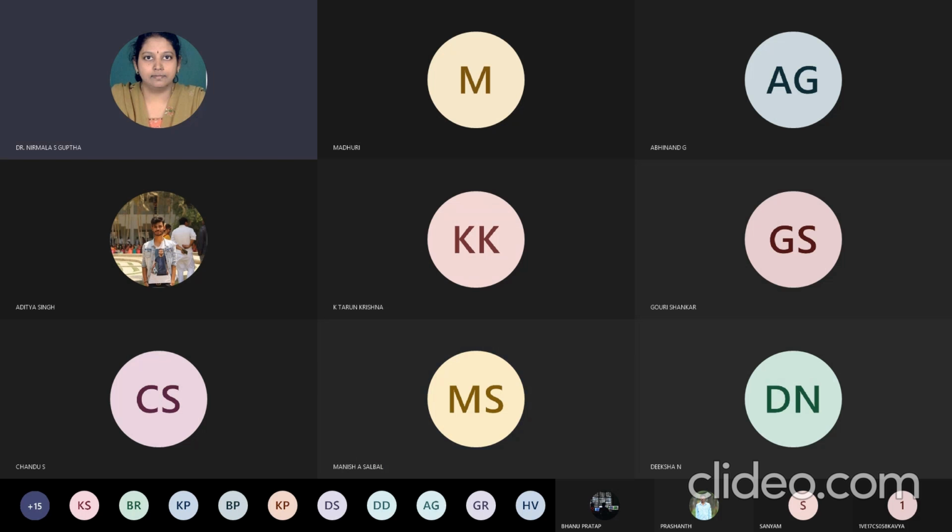Approximately where can we find the center? 5 to 6, 6 to 7, 7 to 8. Correct? 3 units. And in that, my center will come approximately in between 6 and 7, right?